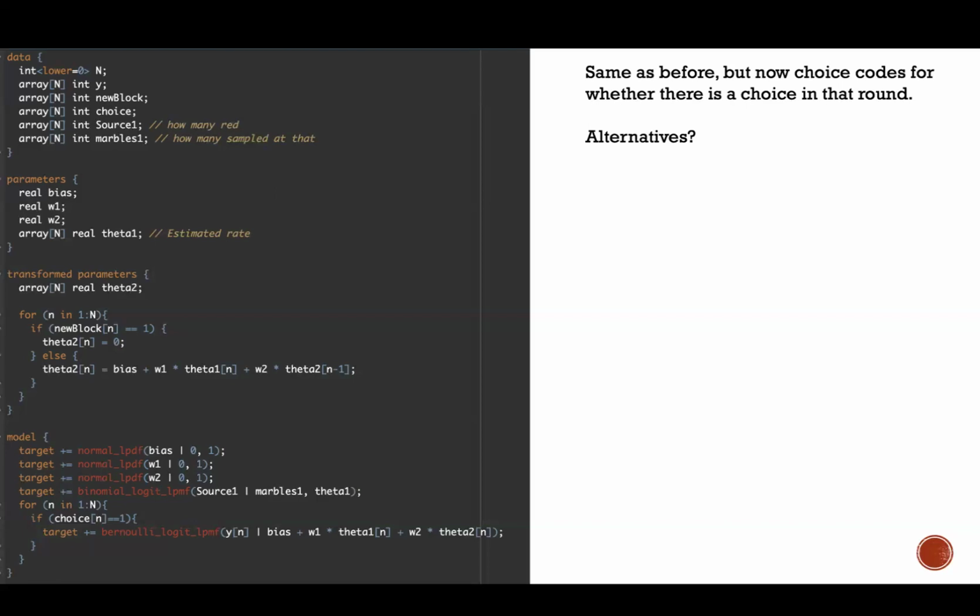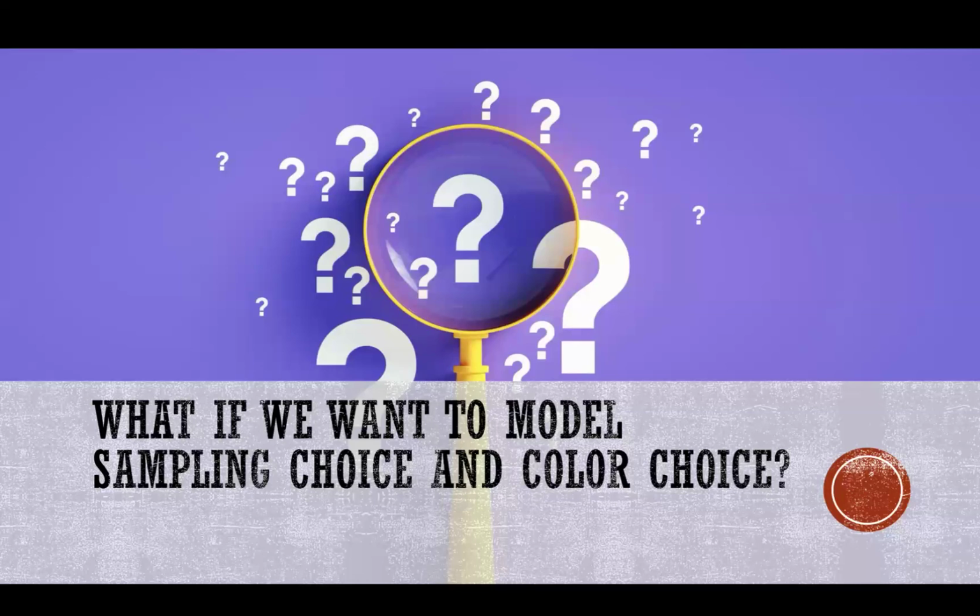And I go through this process not only to make your life hard or to pedagogically show you how to change the weight, but also because we can have a model that has 2 outcomes. In some trials, it has the choice whether to keep sampling or not, and in other trials, it has both the choice of stopping to sample and which choice is given.